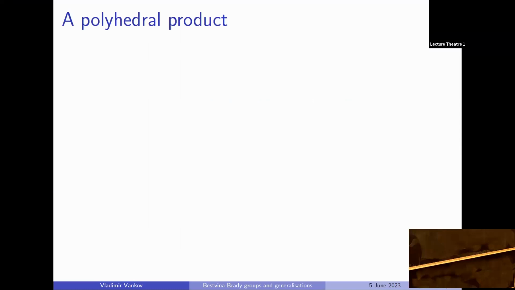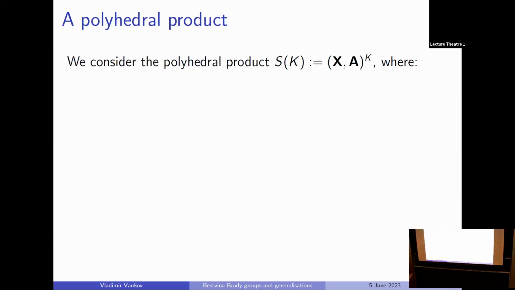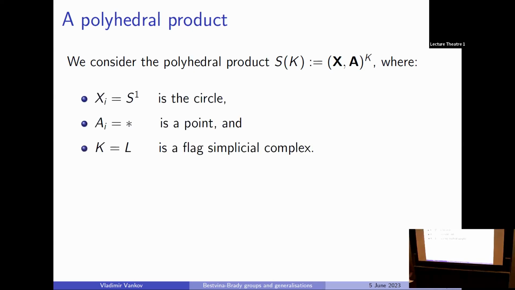Okay, so Mike defined for us what a polyhedral product is, so I can go ahead and construct one. Let's start off by considering the polyhedral product where we take a circle and a point. Today I'm going to insist that the simplicial complexes we use to build this are flag.